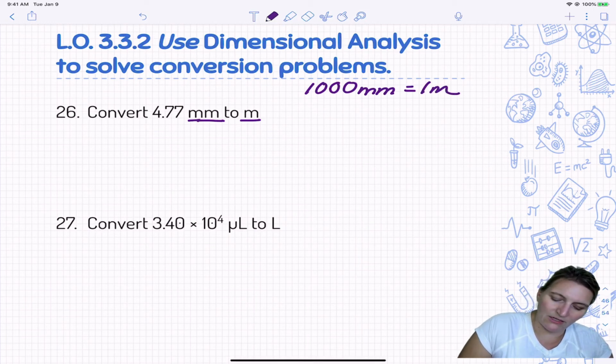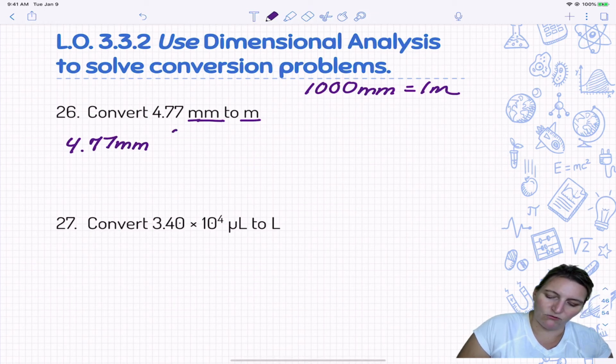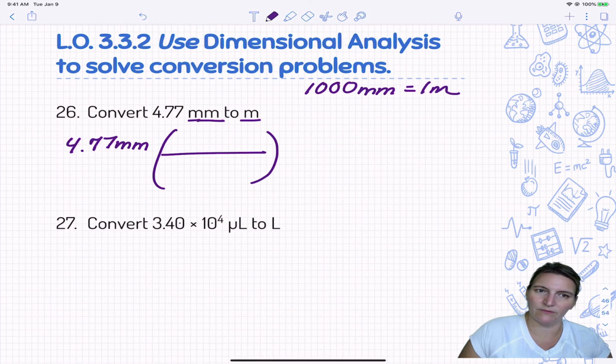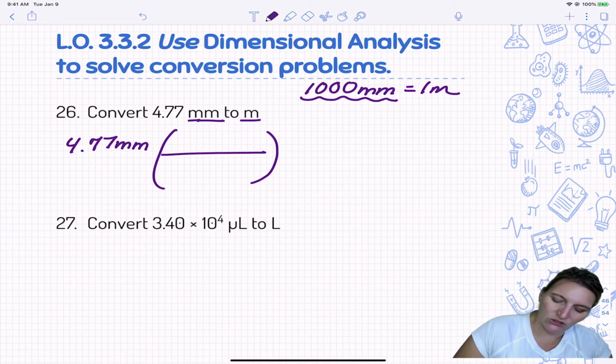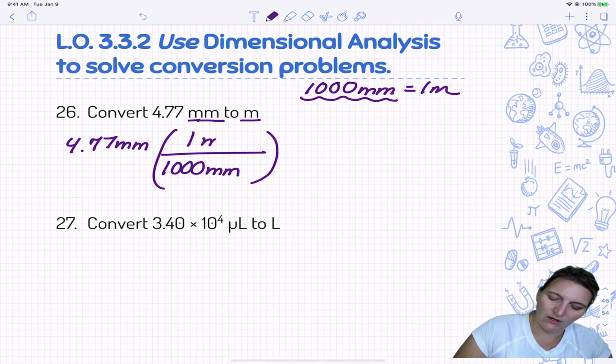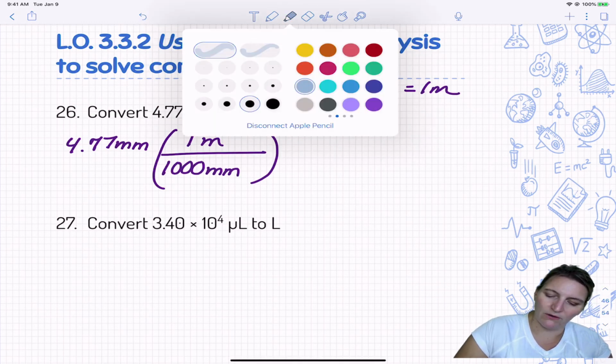Take the number that's given to us, 4.77 millimeters, and write it out front. Take one side of your equal sign and put it either in the numerator or the denominator, matching the units. So I'm going to put 1,000 millimeters on the bottom and 1 meter on the top, right?